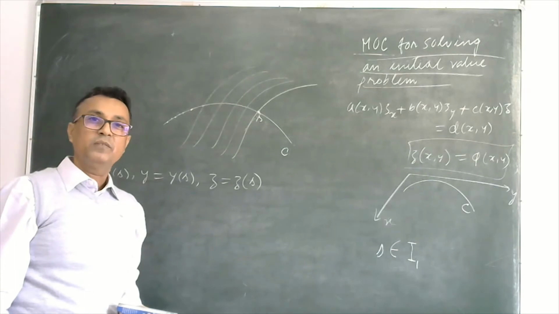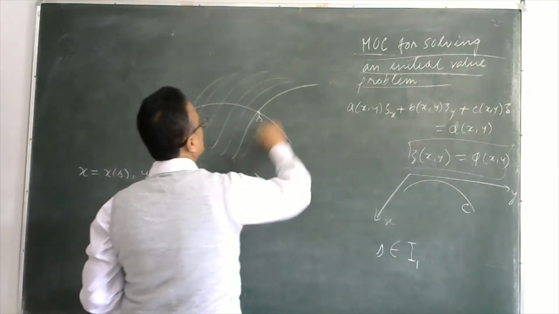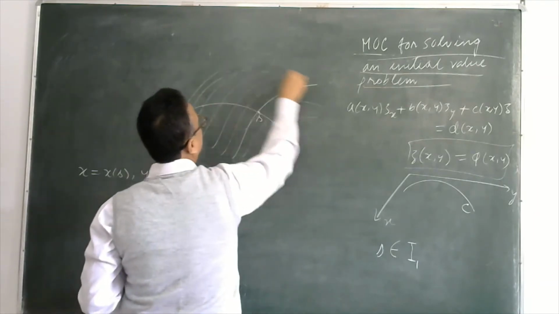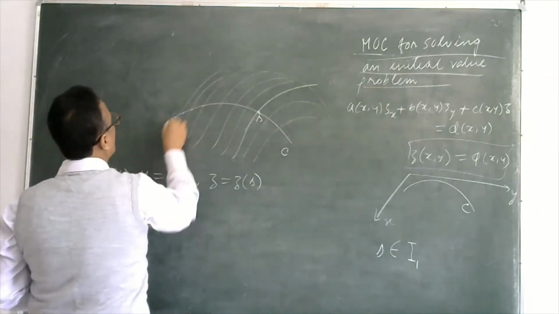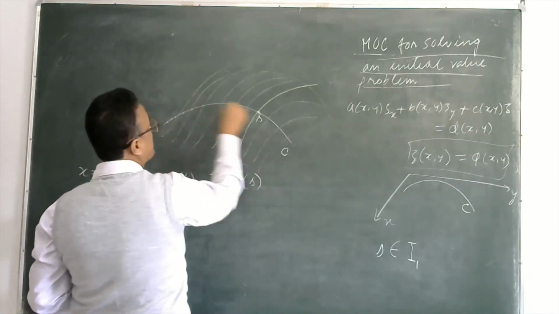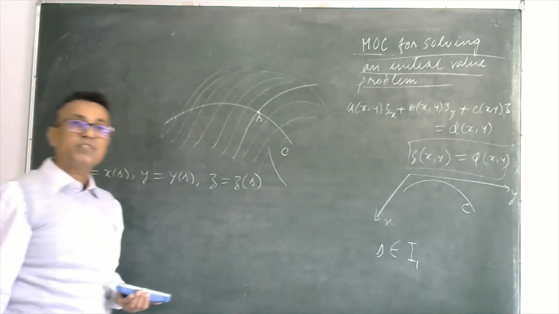And then, as you already know, the union of all those characteristic curves, each of them passing through a point on this initial line, gives me a surface, right?